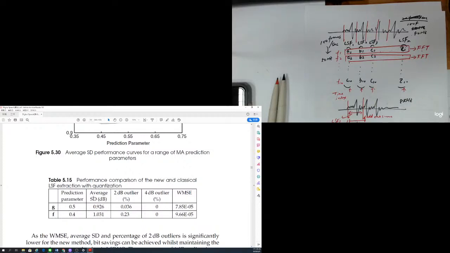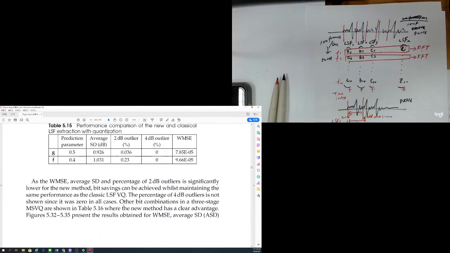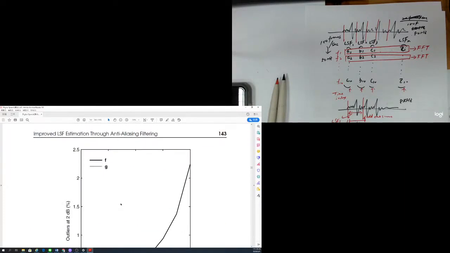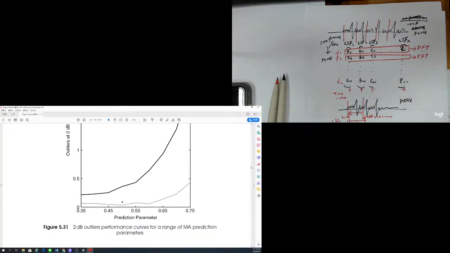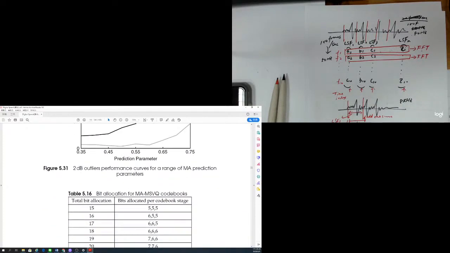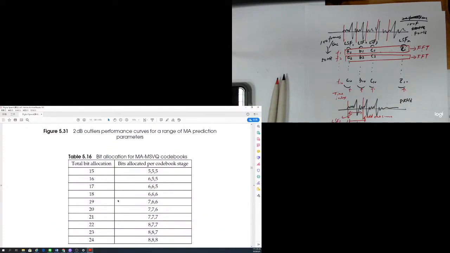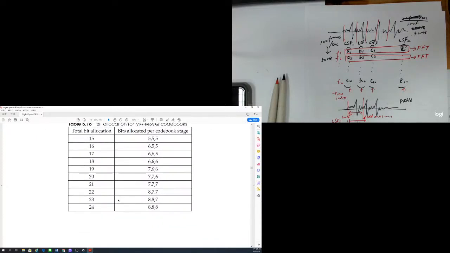So the average spectrum distortion will be like this: with a low-pass filter, the spectrum distortion becomes lower, and outliers also sometimes improve. So they give you the idea that for line spectrum pairs, it depends on your speech frame, and a low-pass filter can improve the performance.